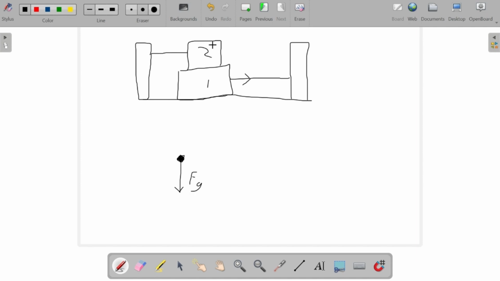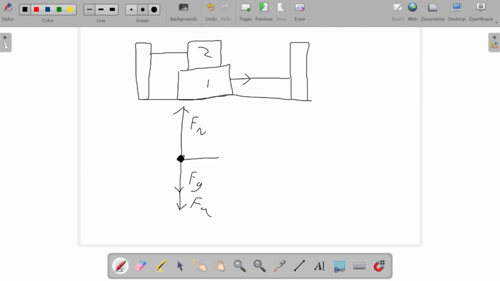And also the force of this block here. It shouldn't be that big. Just make it like this big. Fa. To counteract it, the only force it has pushing upwards is the force it has against this ground. So that's Fn. A really big Fn, since there's another weight pushing down on it.